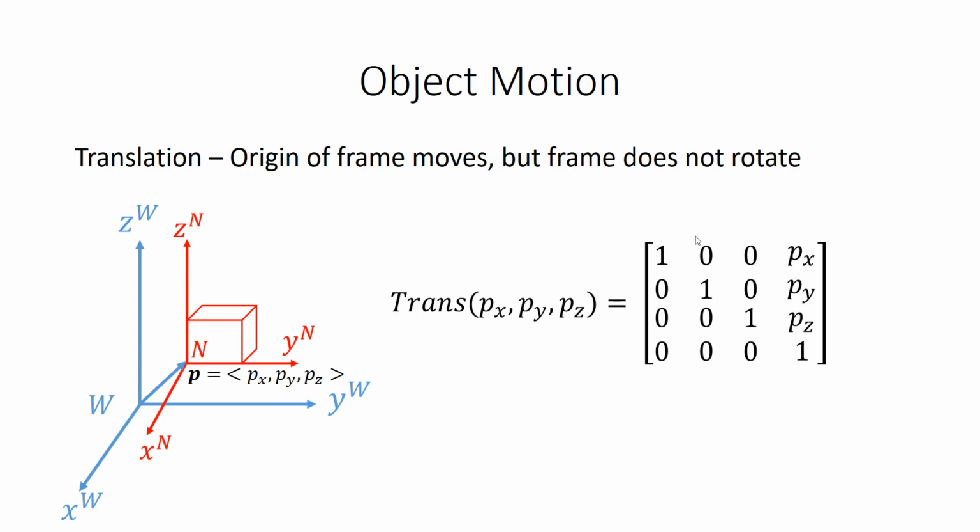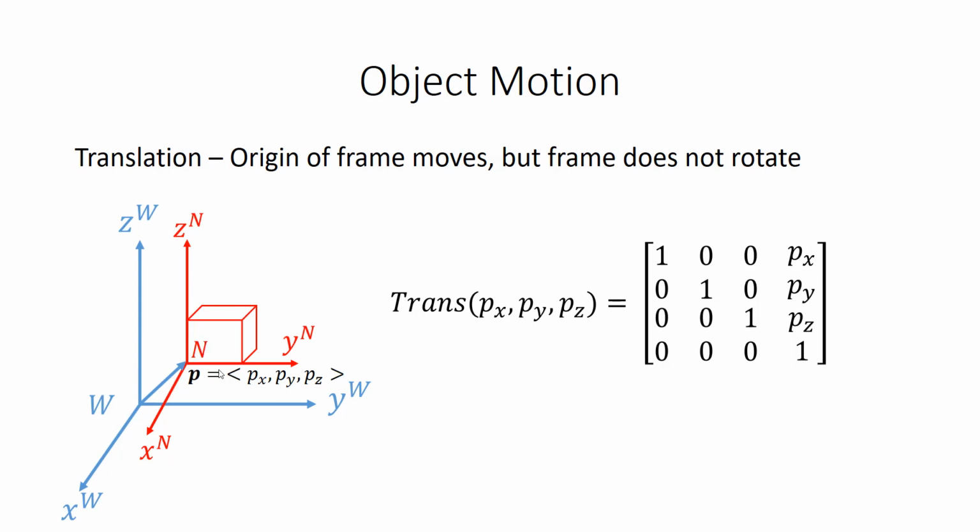This one's pretty simple. If we look at the rotation part, it's just a 3 by 3 identity matrix: 1, 0, 0, 0, 1, 0, 0, 0, 1. What that means is that all of the axes are parallel to the other frame's axes. It's like saying that our x-axis is pointing in the direction of the parent x-axis, and the same for y and the same for z.